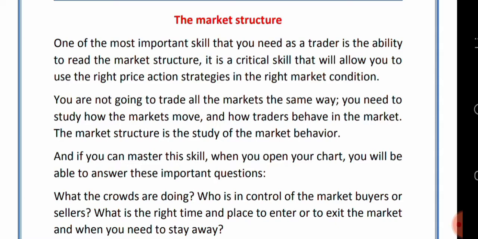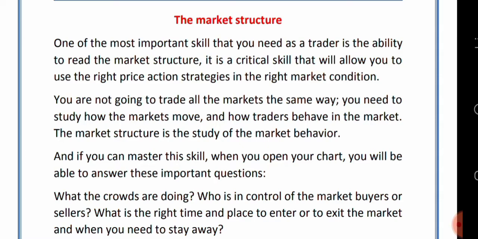You need to know who is in control of the market. Is it the buyers or the sellers? And your ability to read the charts, to analyze the market, will improve your trading skills. So I want you to have this in mind as we go on in this video.